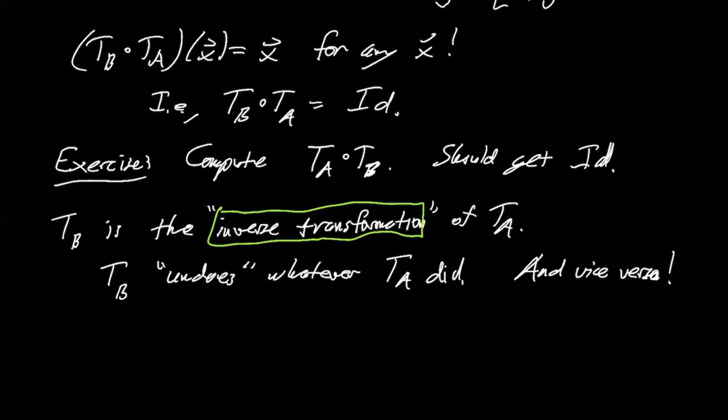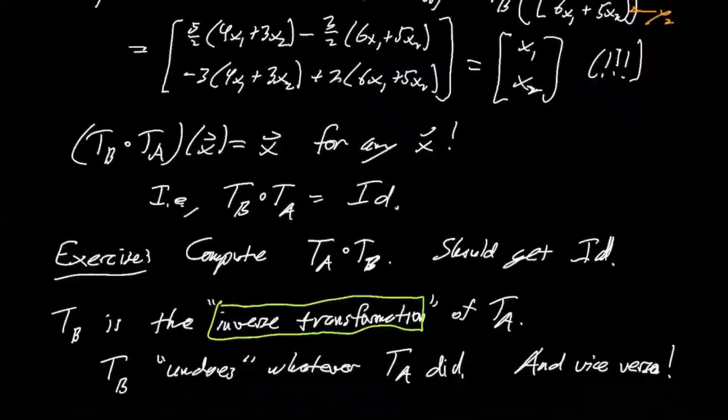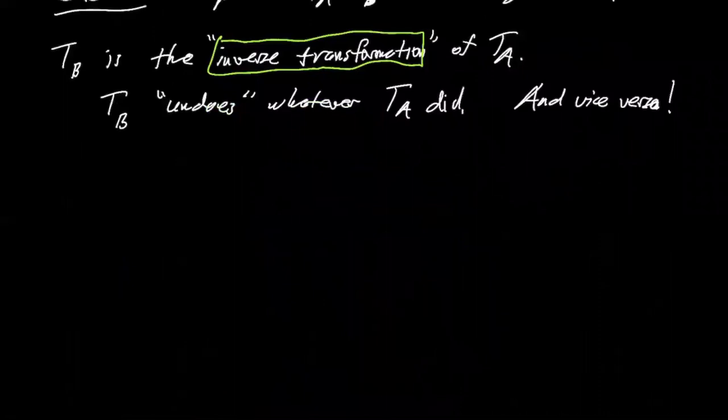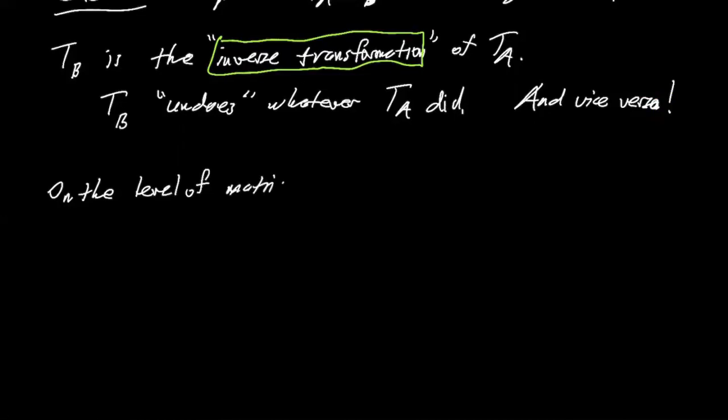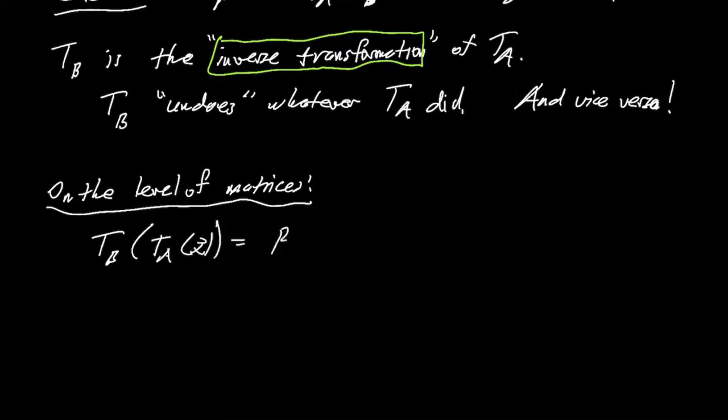Also on the level of matrices, you could do this on the level of matrices instead, right? So for example, if we do T sub B of T sub A of X, note, or maybe I should say on the level of matrices instead of transformations, T sub B of T sub A of X is by definition B times A times X, right?